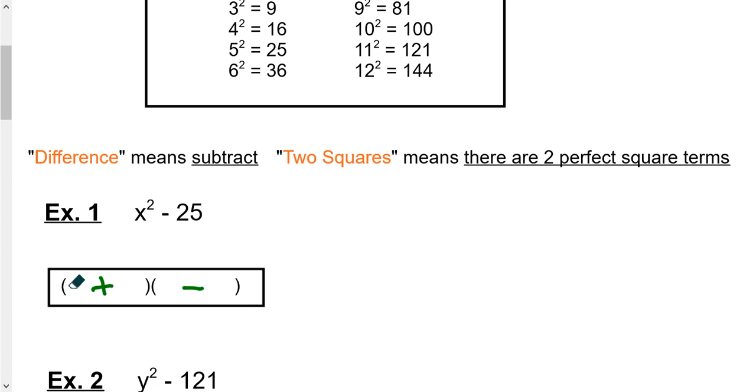Okay, so now we just have to fill in the other parts. When you're looking at x squared right here, x squared is a perfect square. To get x squared, you have to do x times x.